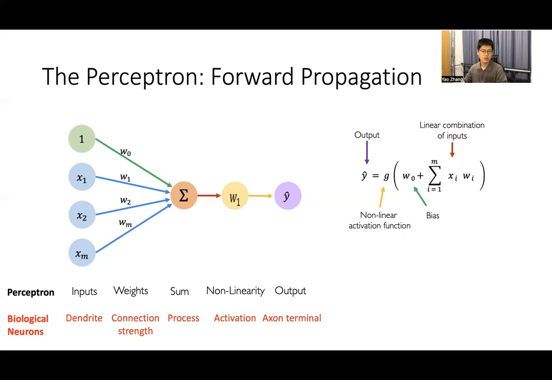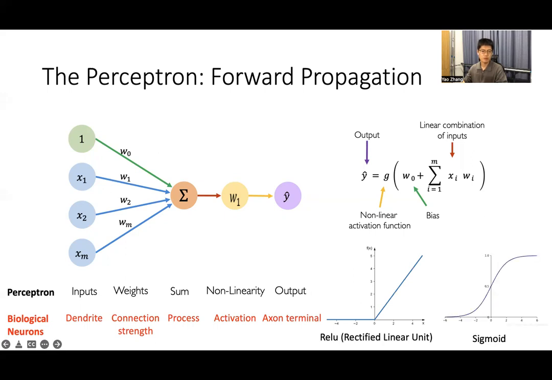In the perceptron, we also have this mechanism. The weighted sum of the inputs will be passed to the activation function, sometimes a ReLU, sometimes a sigmoid, to mimic the activation of the biological neurons.